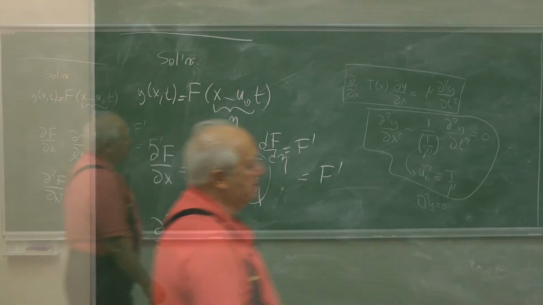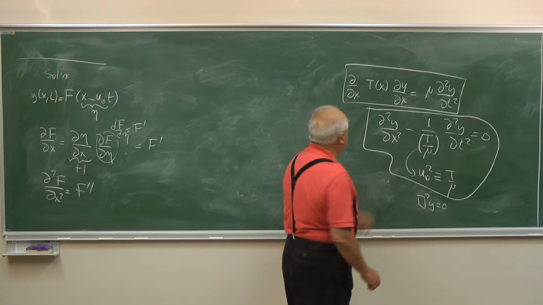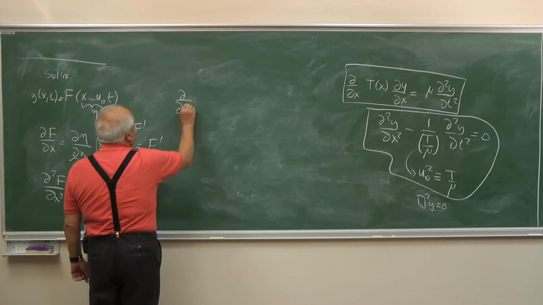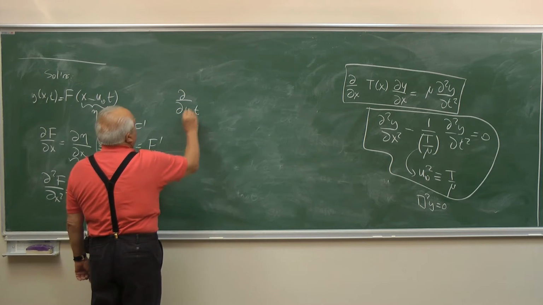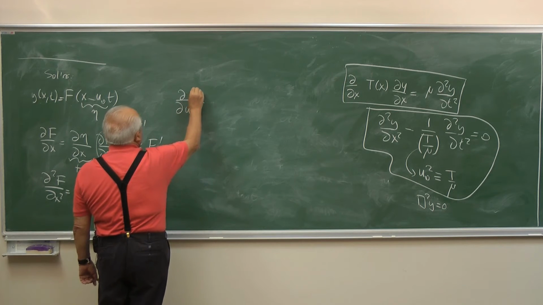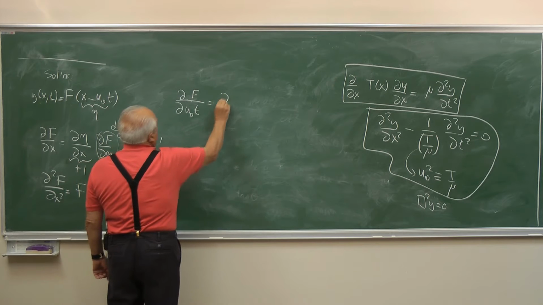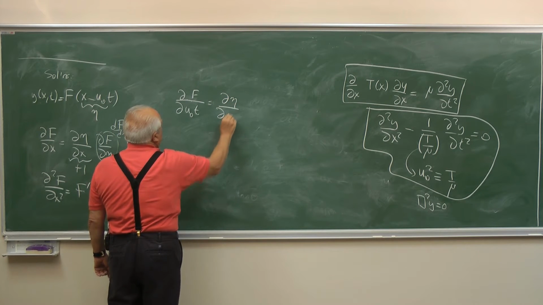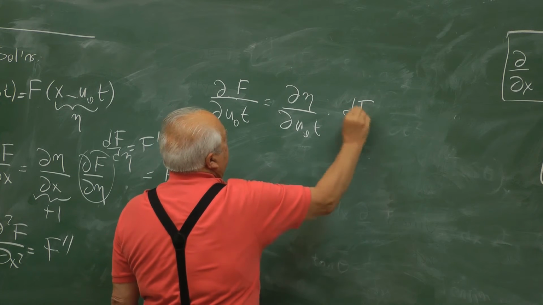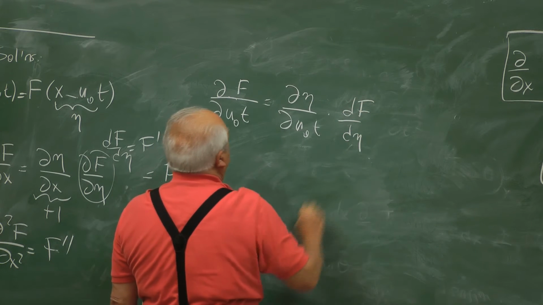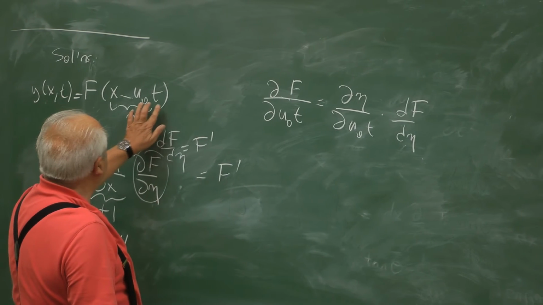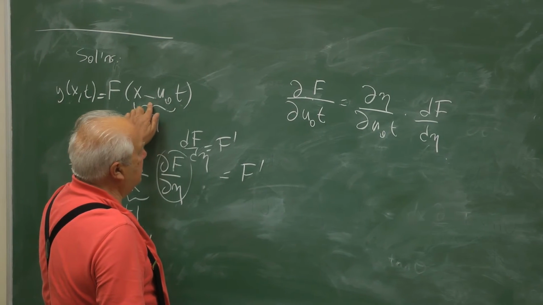Now I need this derivative, so let me just take ∂/∂(u0t). u0 is a constant, I put it inside the derivative. f is ∂η/∂(u0t) again, df/dη. But η is x minus u0t, so the derivative with respect to u0t gives me a minus 1.